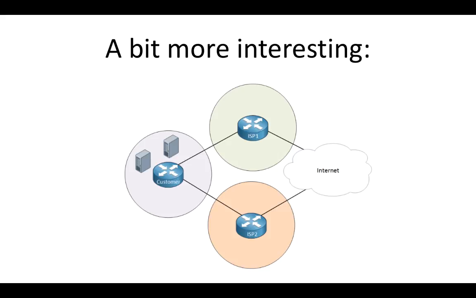Well, this is really where BGP comes into play. So what happens in a situation like this is pretty common. So we might have two ISPs if we're a high availability system, and we want to make sure we're going to be up and ready for anything that might happen.